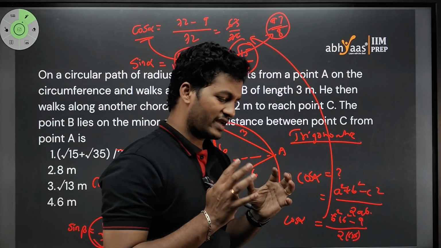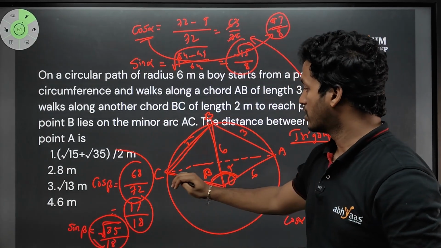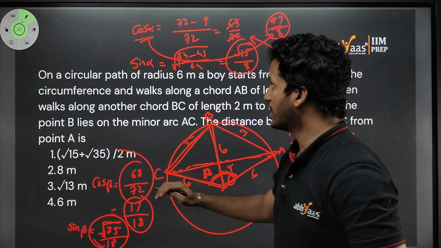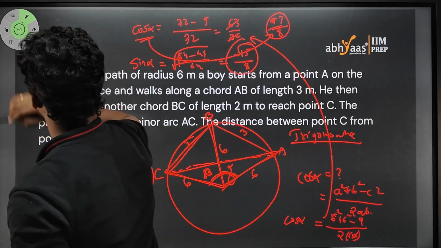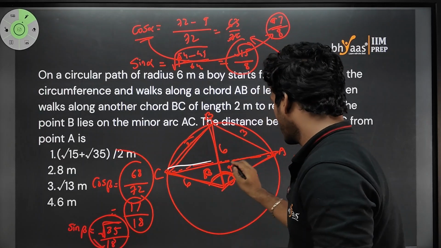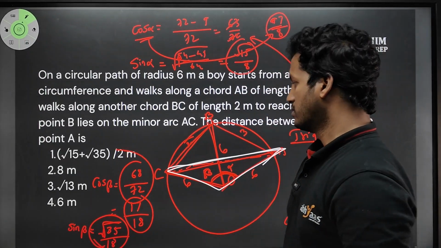So what you are getting from this is that you can apply the cos rule to this triangle. Let me change the color of the pen so you will get it. We can apply cos of alpha plus beta to this triangle now.